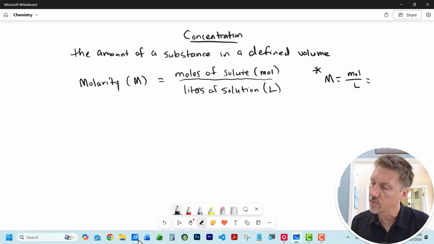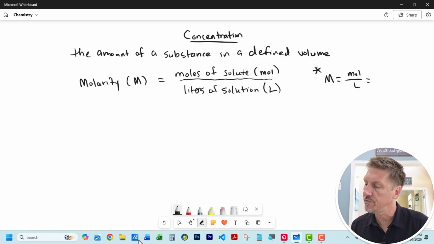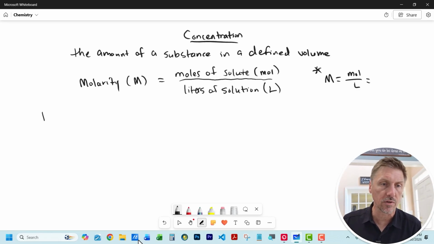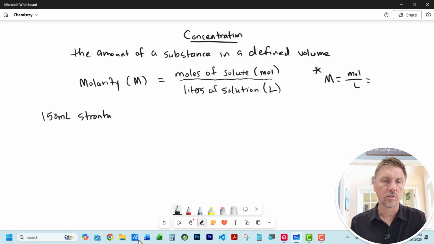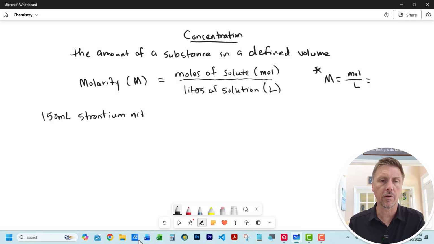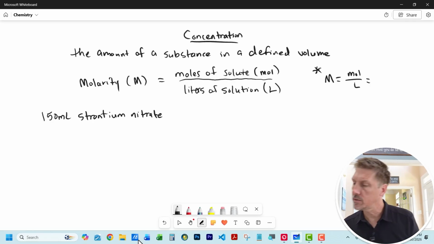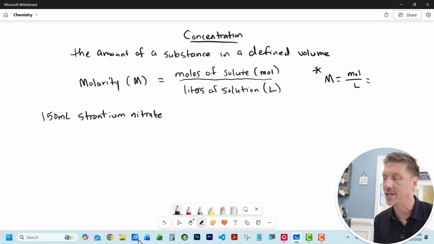It says the instructions for an experiment tell you to use 150 milliliters of strontium nitrate. If I could spell, sorry, strontium nitrate. There we go. 150 milliliters of a strontium nitrate solution.